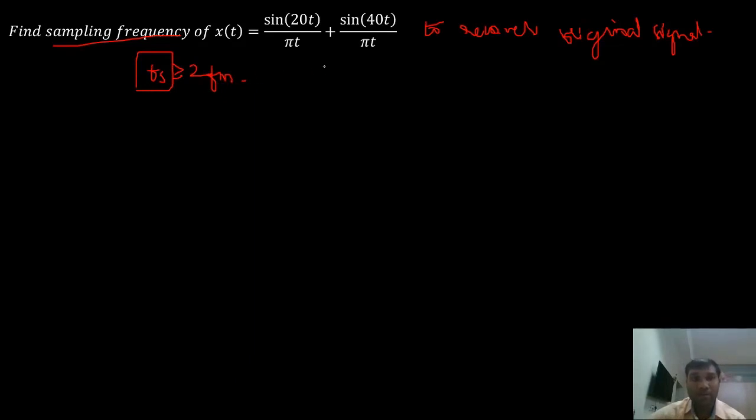So we have to find Fm first. The signal is sine 20t by pi t. So what is the frequency here? F1 is 20 as my omega divided by 2 pi, that is 10 by pi. Then F2 is 40 divided by 2 pi, that is 20 by pi.